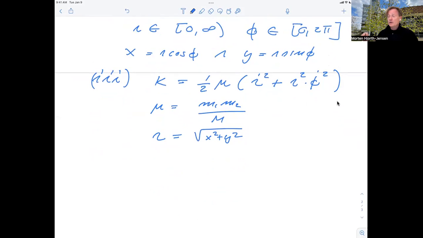So remember that we could make this transformation to a two-dimensional system because angular momentum is conserved. We put the central mass position equal to 0. So that means that we are placing ourselves in the central mass frame, which is nothing but a redefinition of our origin.